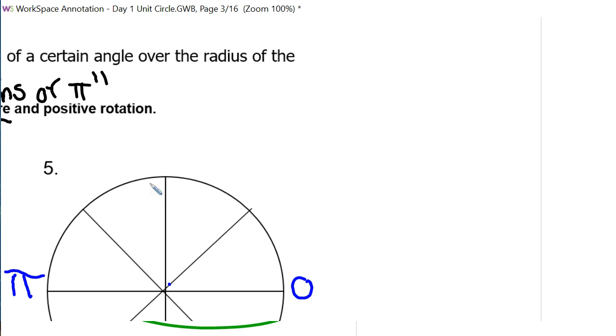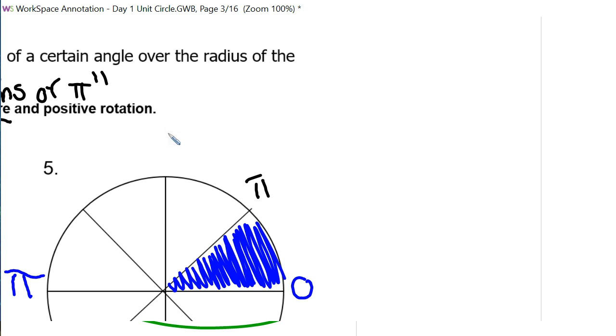So if I color in that first angle, what fraction of pi does that angle represent? It's 1/4 of pi. So we call this pi over 4. So this circle is counting by pi over 4 radians.